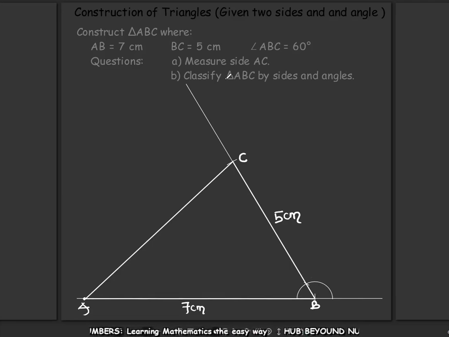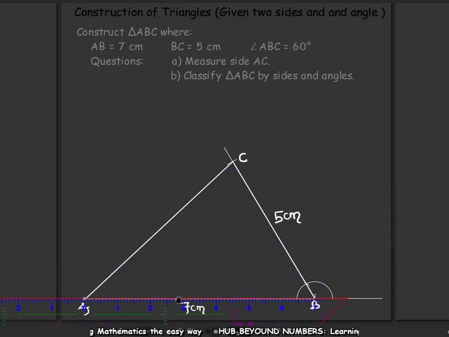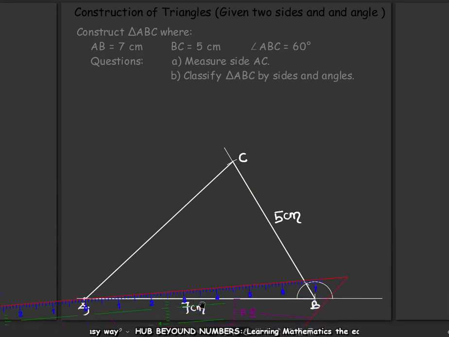Now it says you should measure side AC. Since I don't need this, let me just clean that here. You take your ruler and come up here to A and measure your AC.